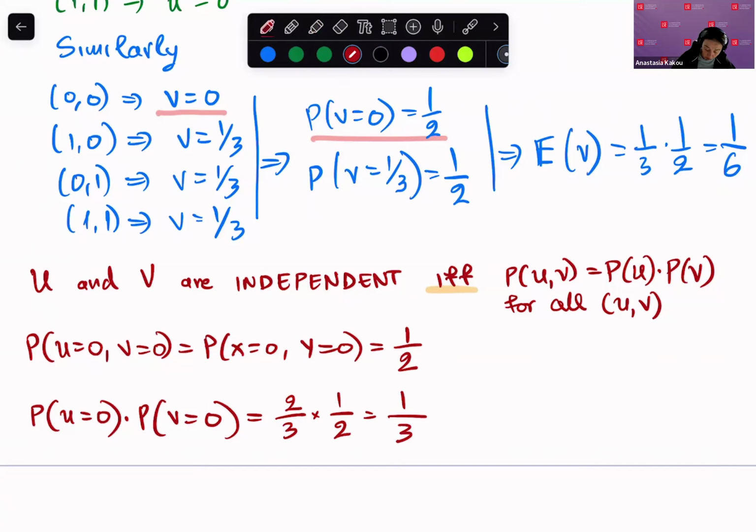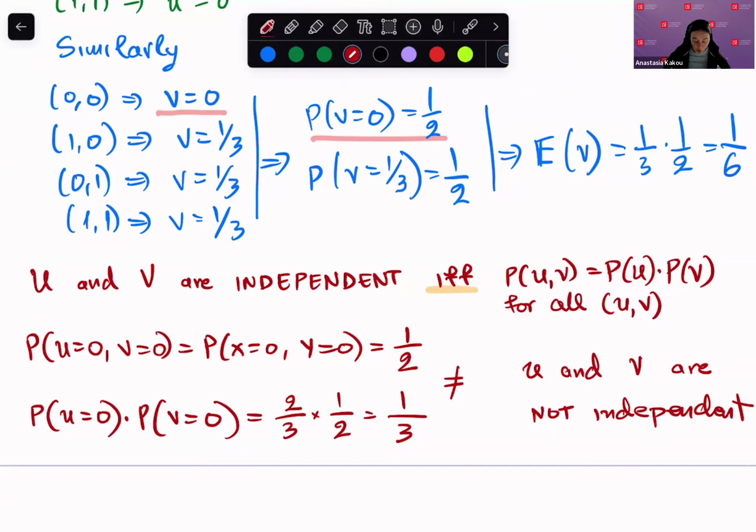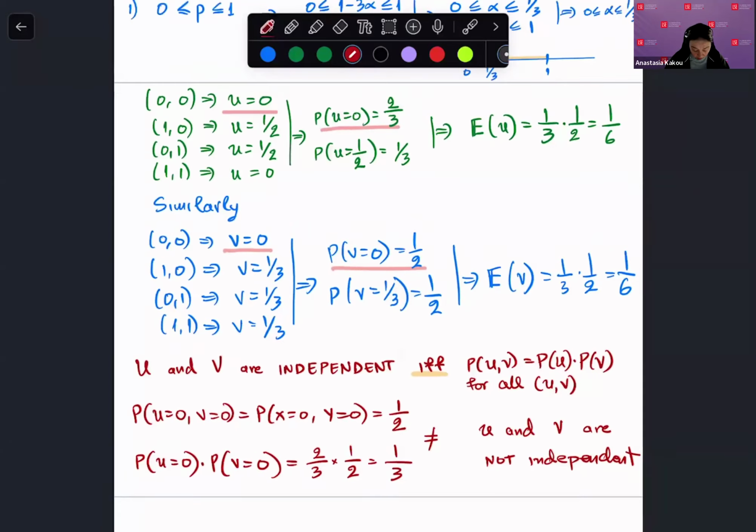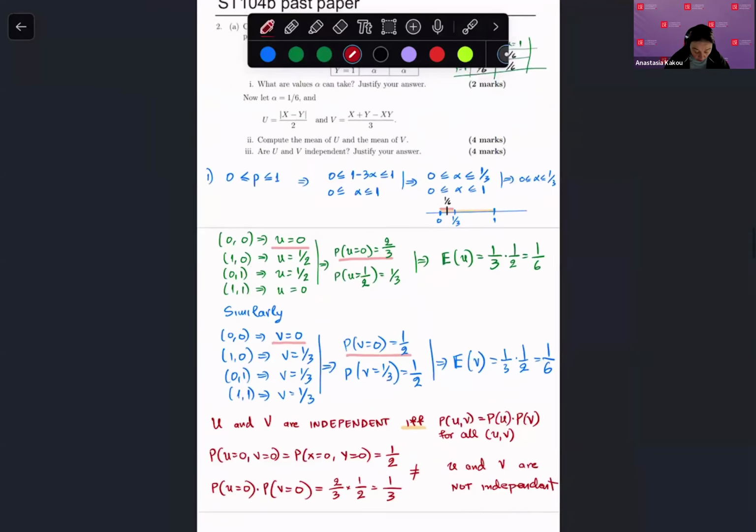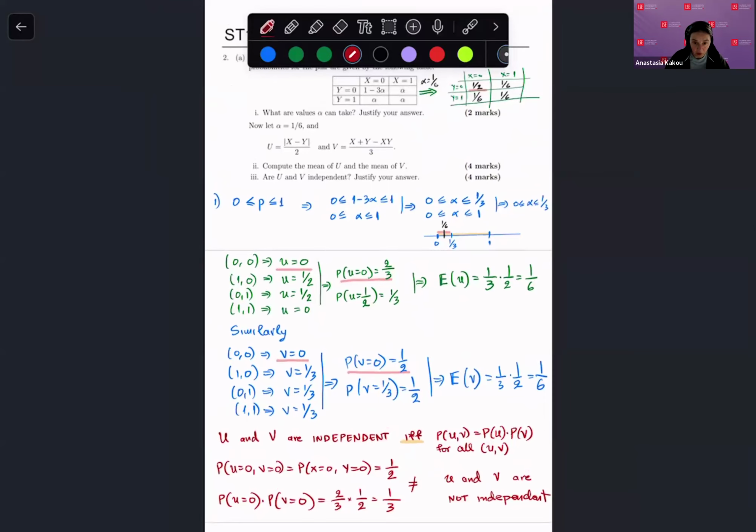Okay, so as you can see, these two are not equal, which means that u and v are not independent. So we found one pair for which that property does not hold. All right, so that concludes the question on the bivariate distribution.